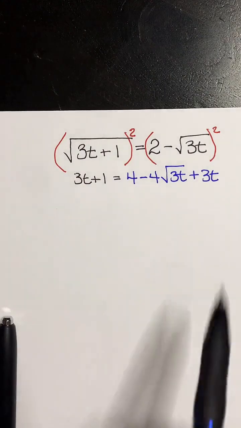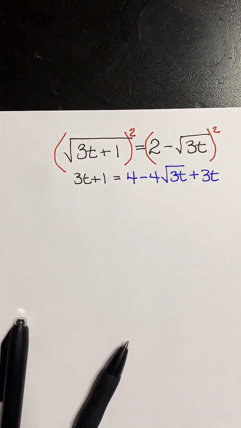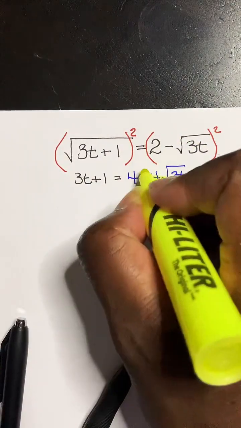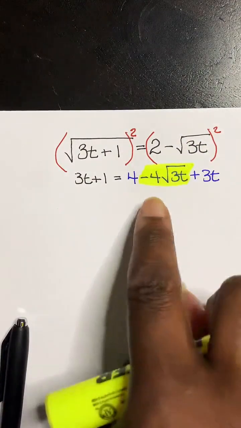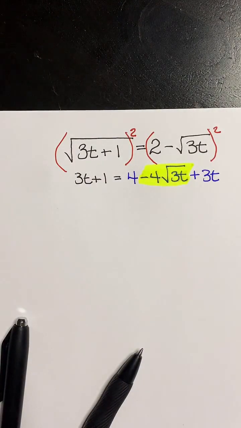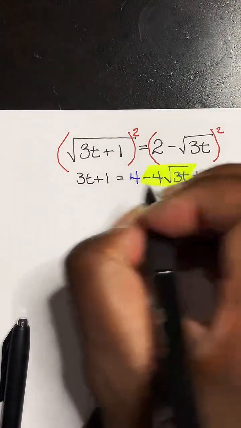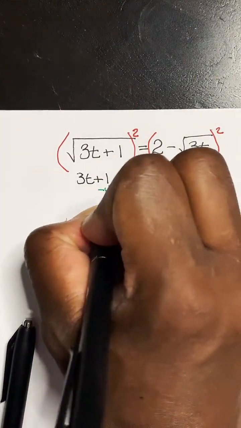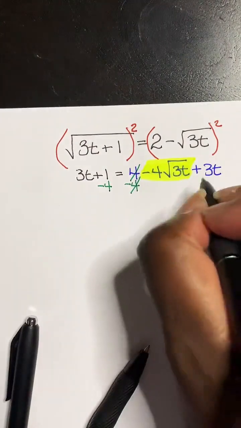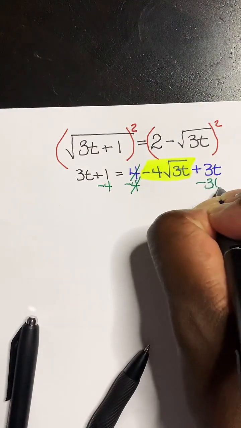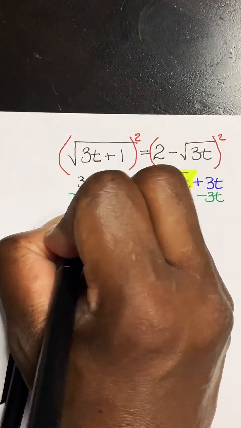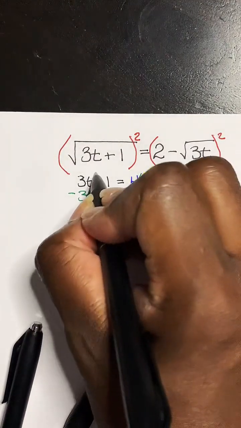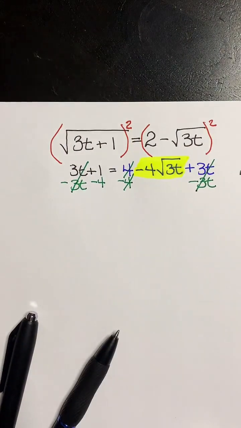Now let me slide this over so we can focus on this. So now we have this radical right here. Let's do whatever we can to get that radical by itself on that side of the equal sign. That means we're going to subtract the 4 on both sides, as well as subtract the 3t. And if you notice, the 3t's cancel on both sides of the equal sign.